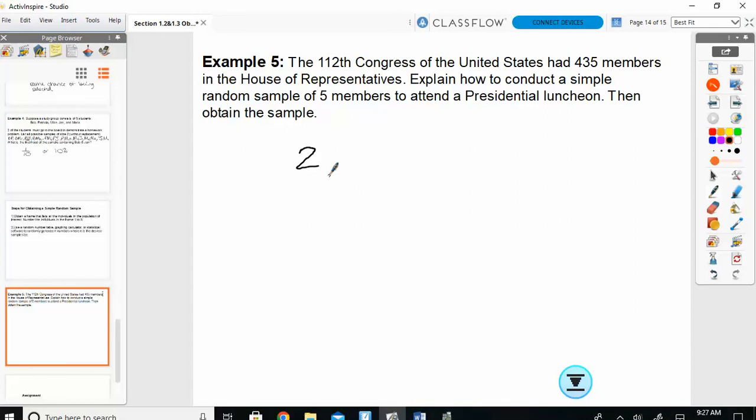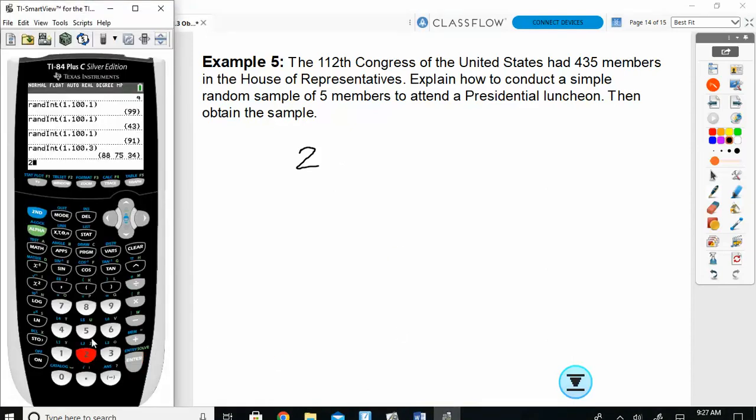So you type 2, then store. Math over to probability, and you want to store that in your random. So 2, store, math, probability, random. So we all had the same starting seed.